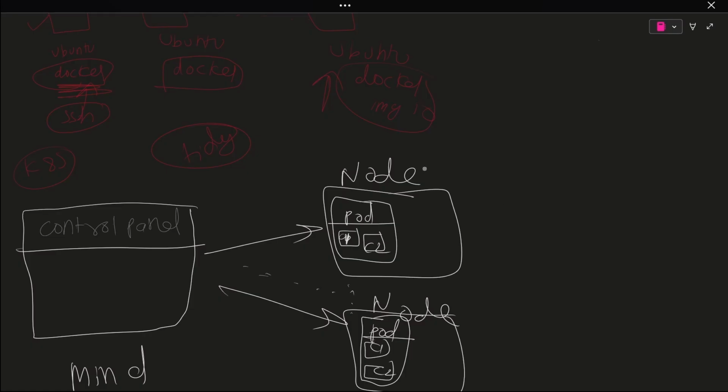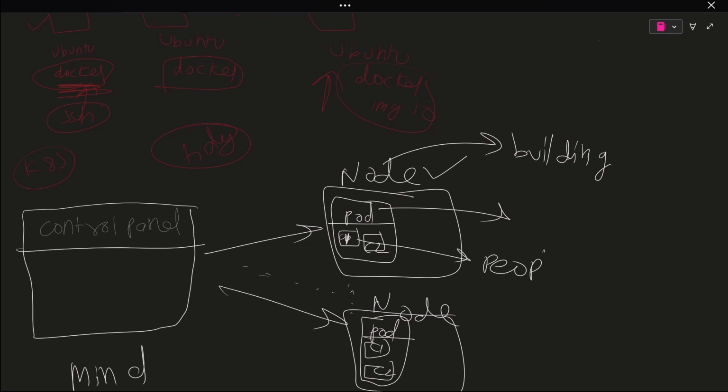In this fashion we have nodes. Let's say a node is a building, and if you understand with the analogy of the building, you can get to know very simply. Containers are the people, and a pod is an apartment. Multiple people can stay in a single apartment.